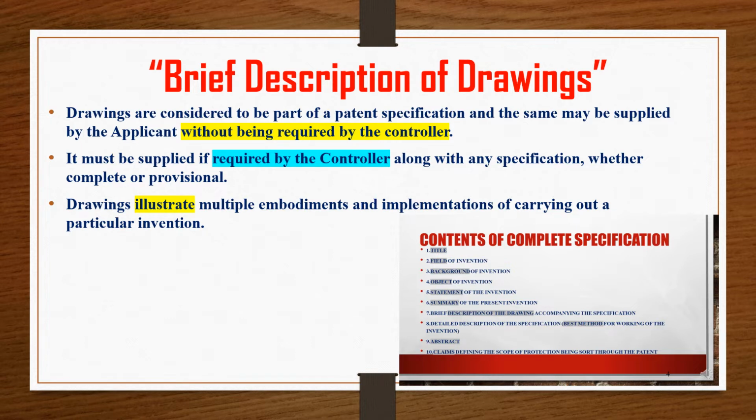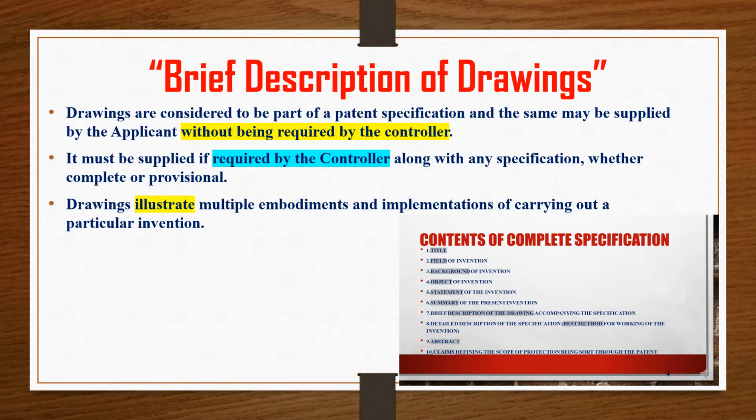That means if the controller requires it, then this particular content must be supplied by the applicant along with either a complete specification or a provisional specification. So this is the compulsory case. Next point. Drawings illustrate multiple embodiments and implementations of carrying out a particular invention.